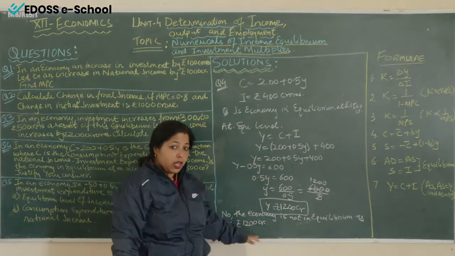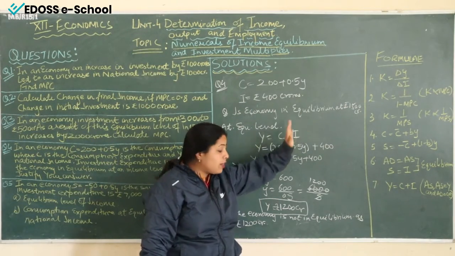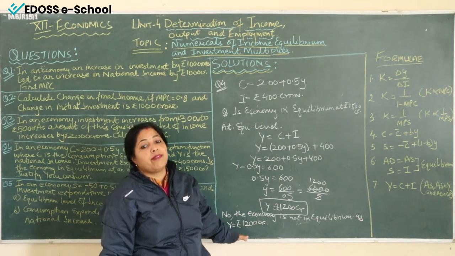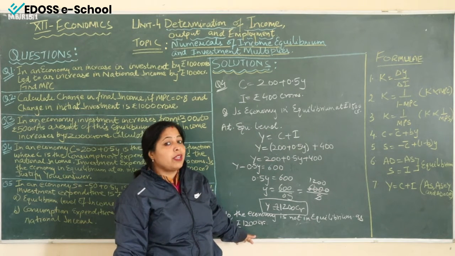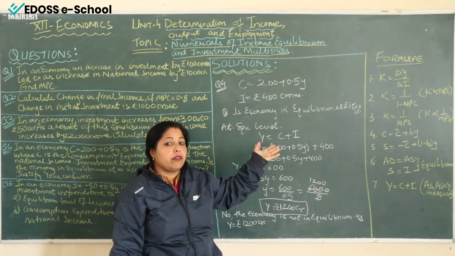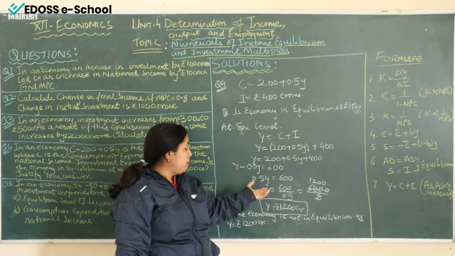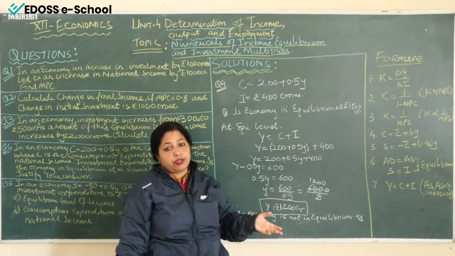Fine. So this is the answer. The value of 1500 is greater than the value which we have calculated. So the economy is not in equilibrium, and the income level of 1500 crores is greater than the exact equilibrium value, that is rupees 1200 crores.